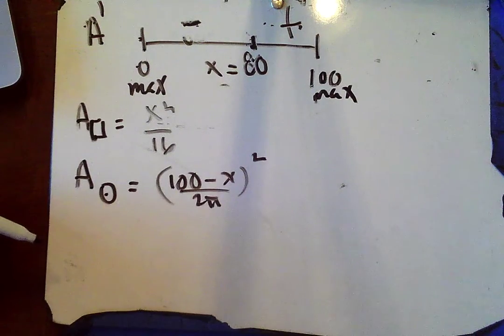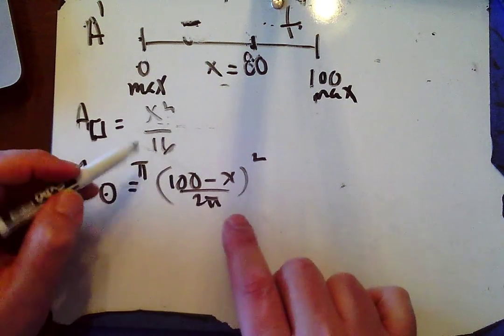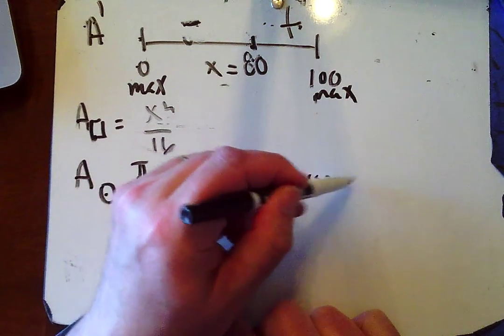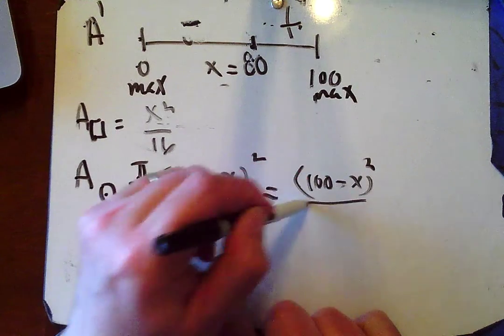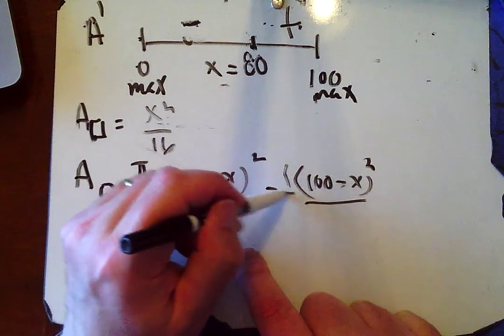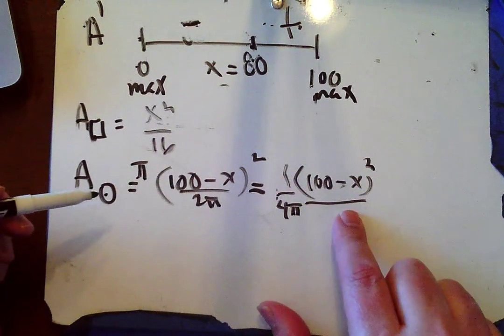No, it wasn't, because there was a pi out there. Pi radius squared. And then we canceled, and we said that was going to be 100 minus x squared over 4 pi. So 1 over 4 pi. Okay, so there's my circle.